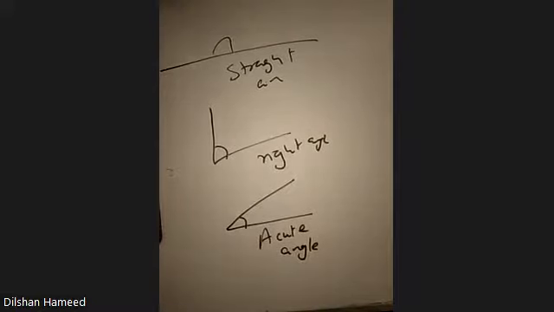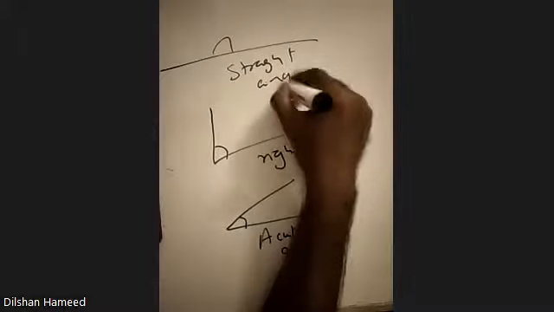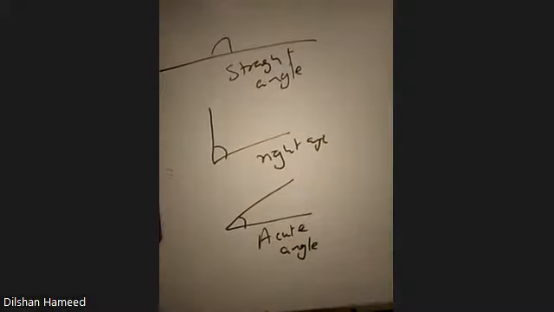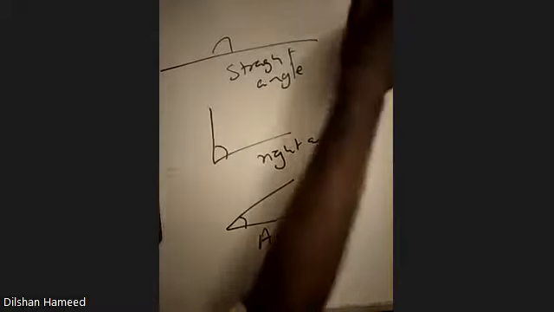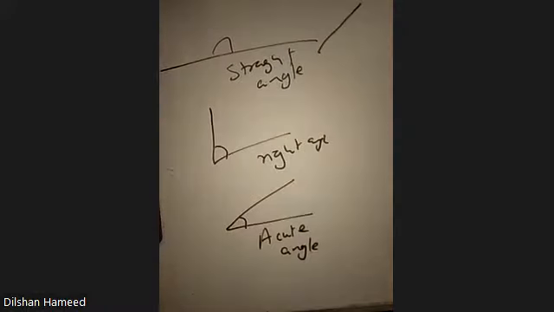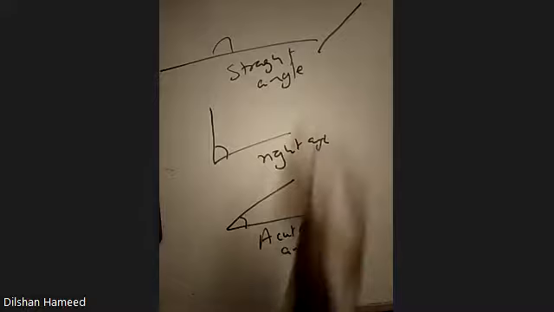Acute. Okay, you have to understand one thing. In maths, what they do is they sometimes want to twist the question. So they will put a line like this and ask you, what is this angle? You'll get confused. It's a straight angle because if you see it from this side, it's a straight line.